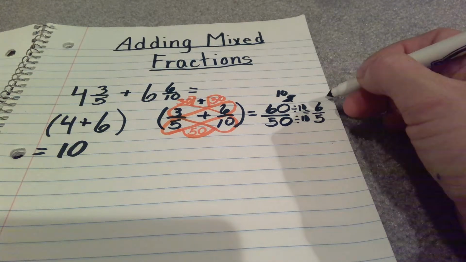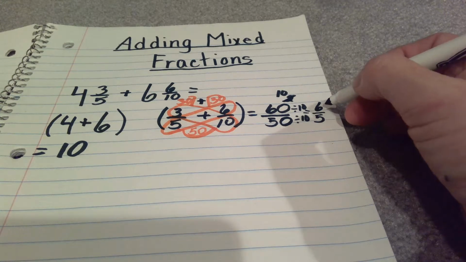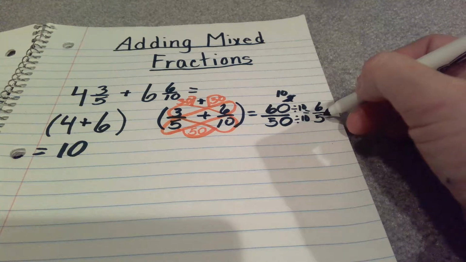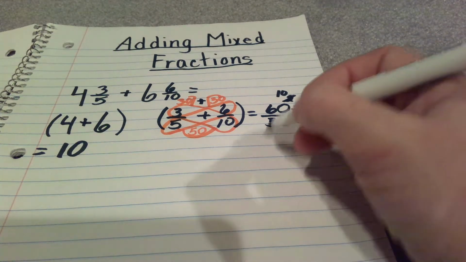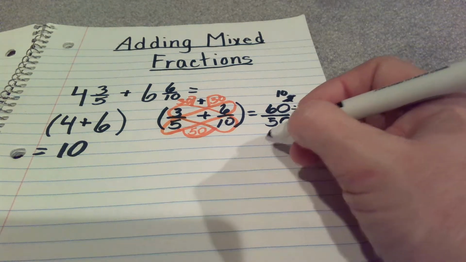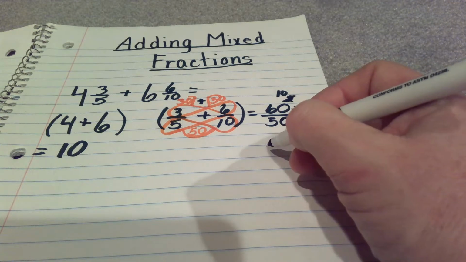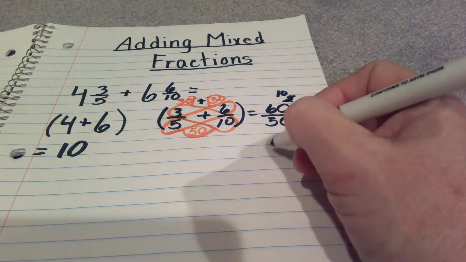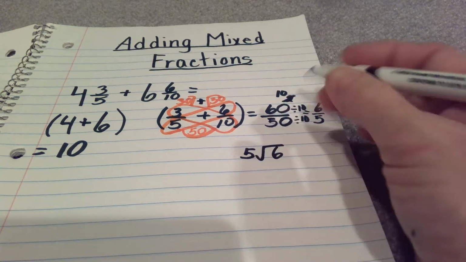When we look at this fraction, it's an improper fraction, which means I have to do one more reducing. Since the 6 is bigger than the 5, that means that we can use our division to figure out how to turn 6/5 into a mixed number rather than an improper fraction. So we take our 6, we see how many times 5 will divide into 6.